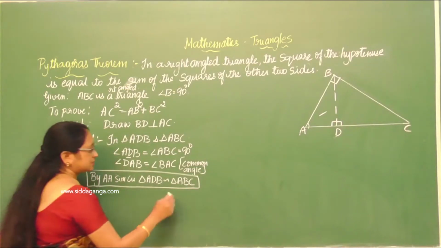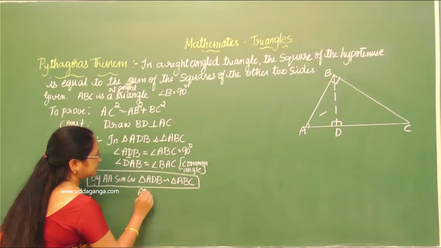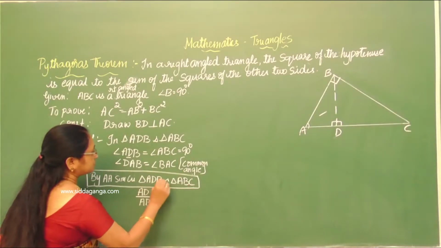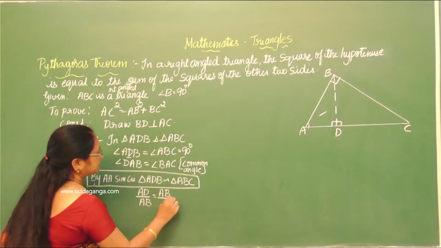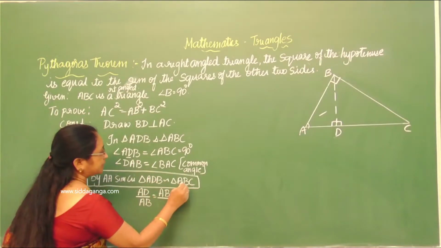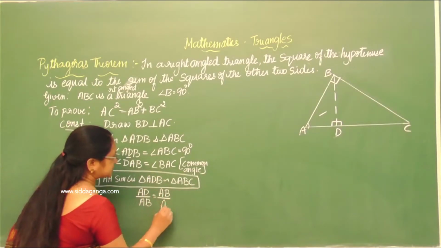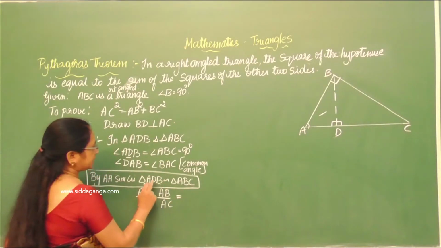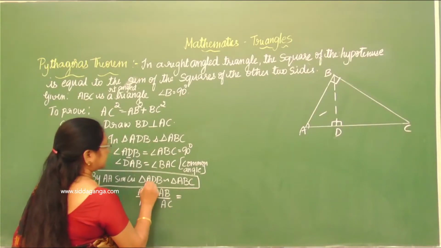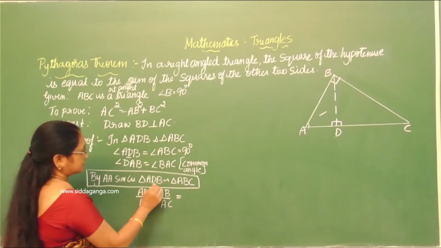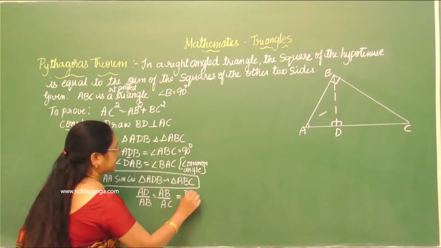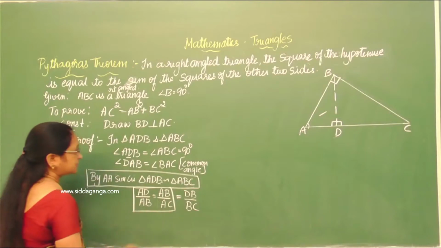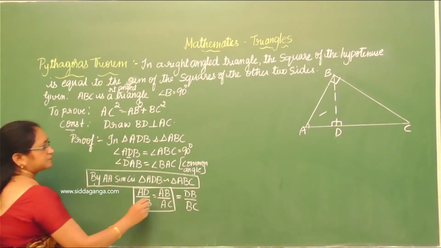Okay, we'll write the corresponding sides in proportion. AD by AB is equal to AB by AC is equal to, okay, let us write only these two. Another one we can take is DB by BC. But let me take only this.